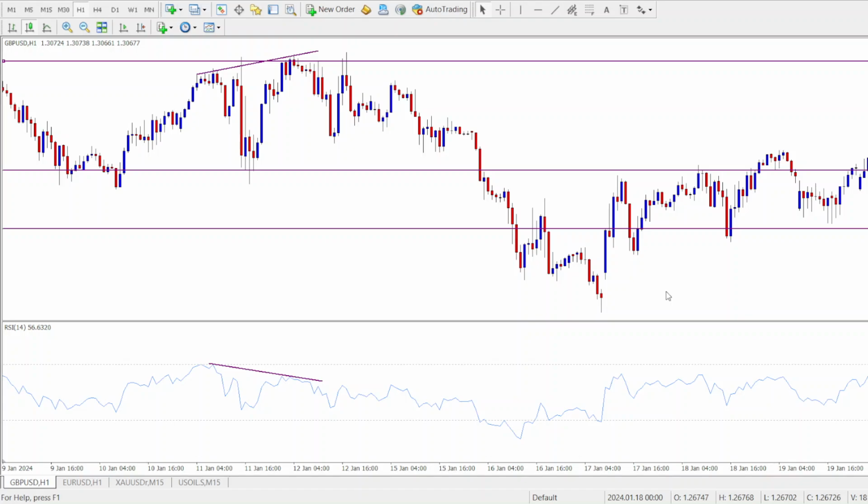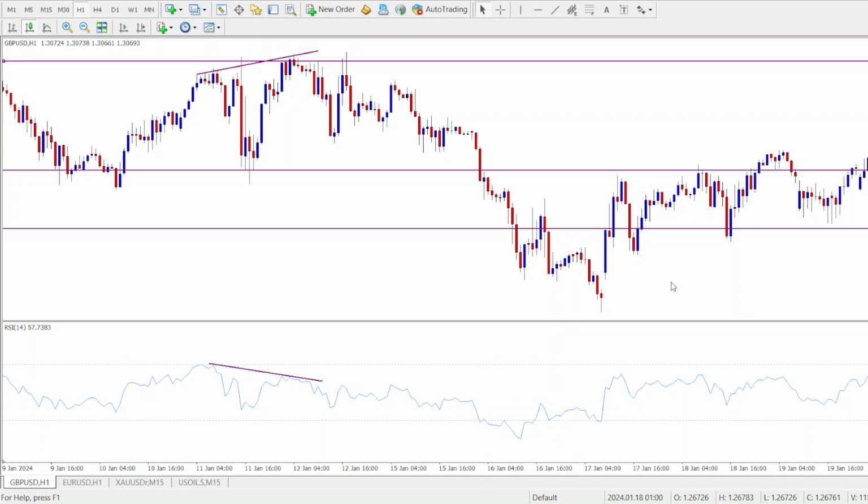And at the same time, perhaps price was around a support trend line or maybe a horizontal support. So this adds to the confirmation, and then you can more confidently enter your buy, set your stop loss appropriately, and then take profit appropriately as well and manage your risk properly.